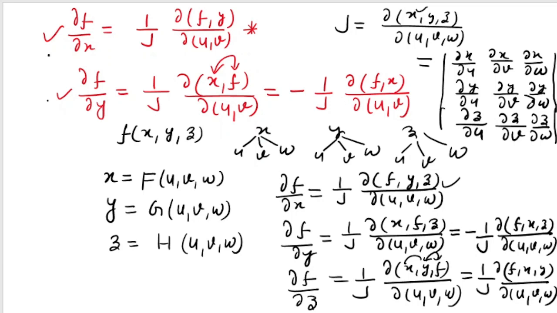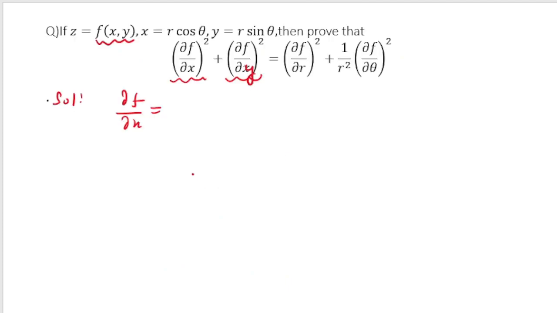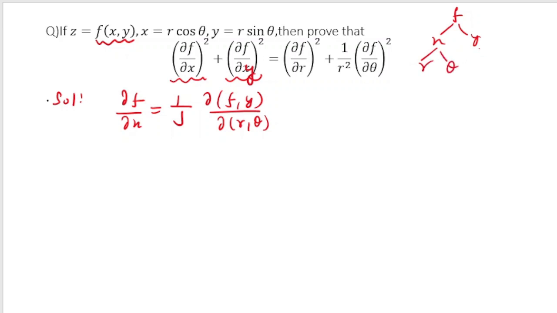I have to use this concept, which I hope you have got. I have to write ∂f/∂x, so it will be 1/J and ∂(f,y)/∂(r,θ). Here f is dependent on x and y, and x and y are dependent on r and θ.